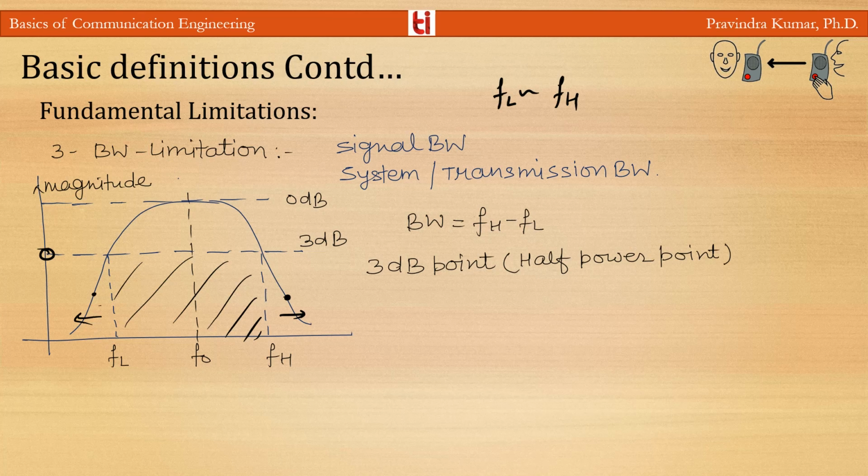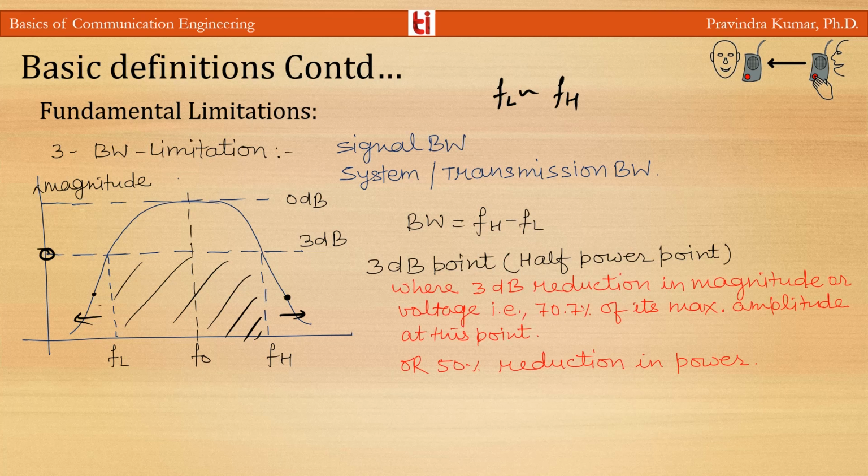That is a reduction of 3 dB in magnitude or voltage. You can say the voltage is 70.7% of its maximum amplitude at this point, or you can say a 50% reduction in power.